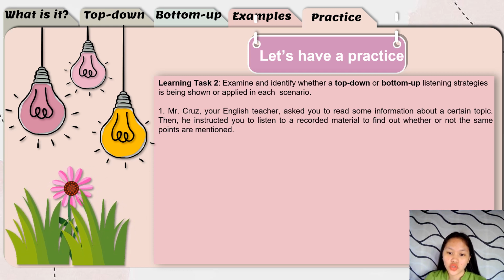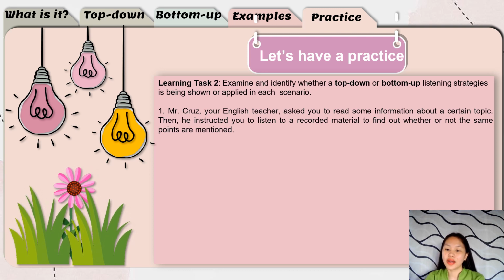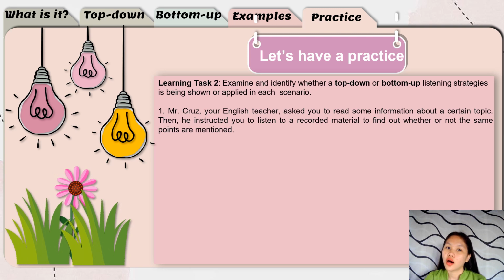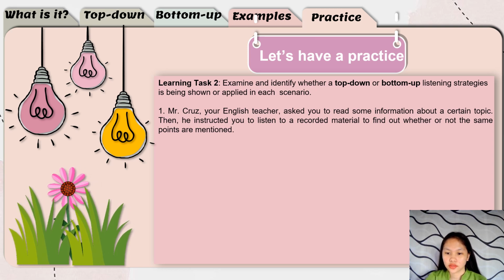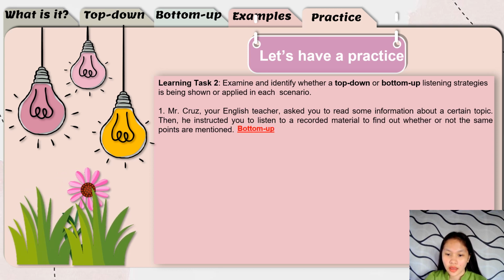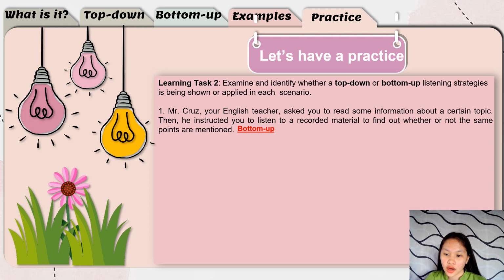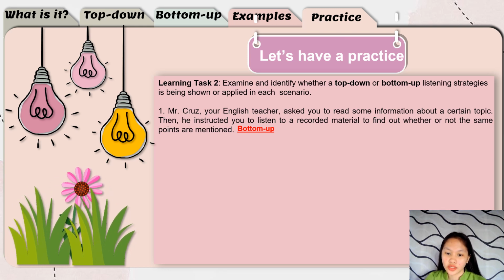Then he instructed you to listen to a recorded material to find out whether or not the same points are mentioned. What is the answer for number one? It's bottom up. Why? Because you are pertaining to specific points or details.